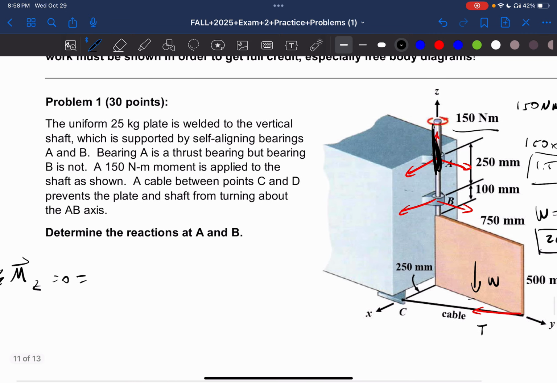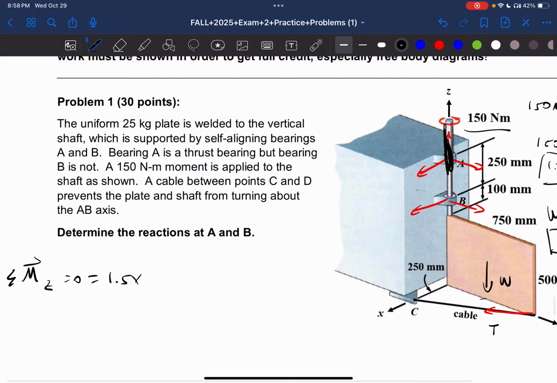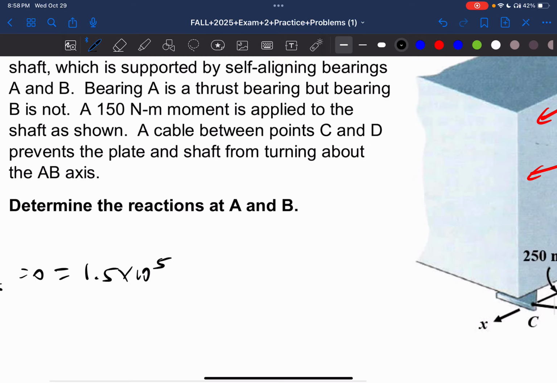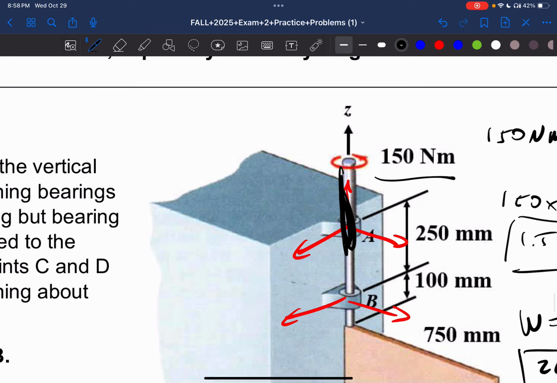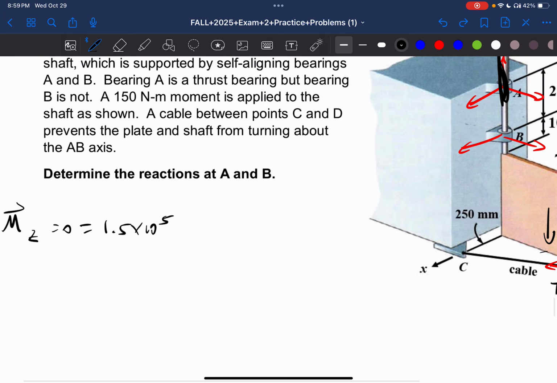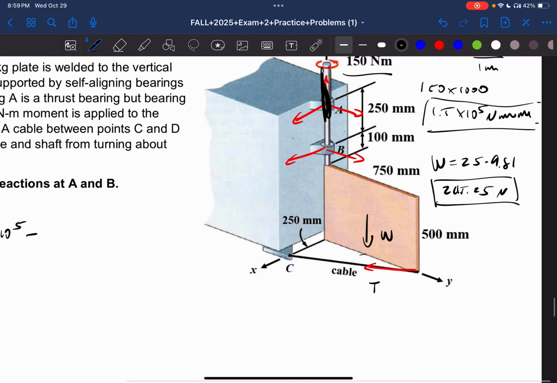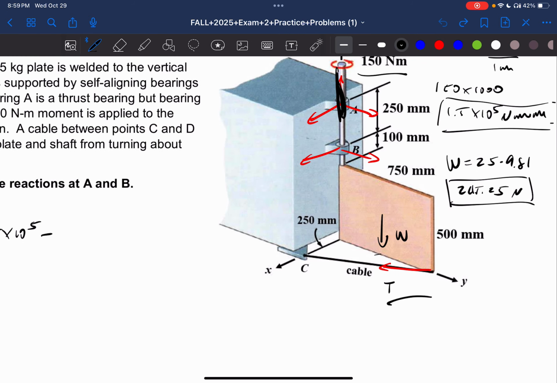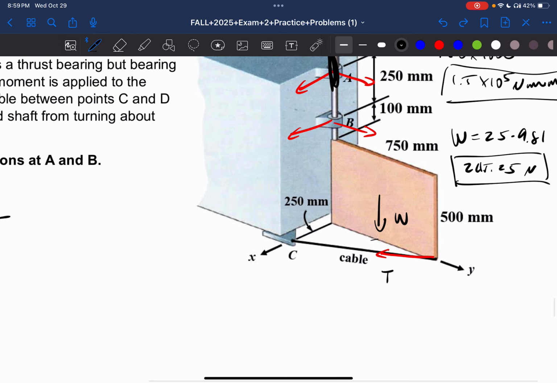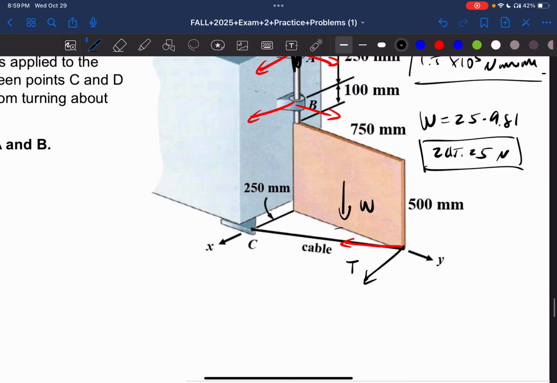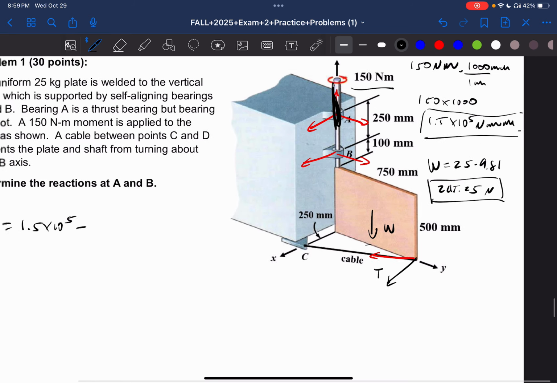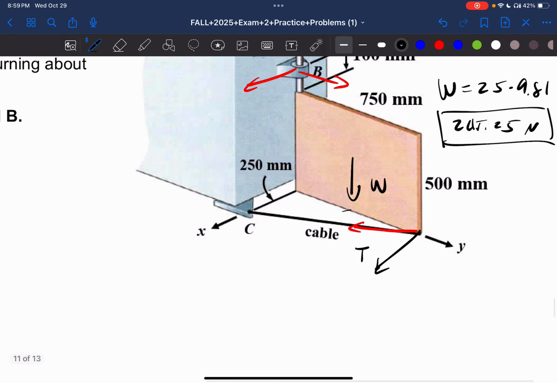We can do equals 1.5 times 10 to the 5th power Newton millimeters. We'll have this moment, which is in the positive direction, minus, this is causing moment in the negative direction. And we will need this value right here, which is going to be perpendicular to the y-axis. So we have a triangle.